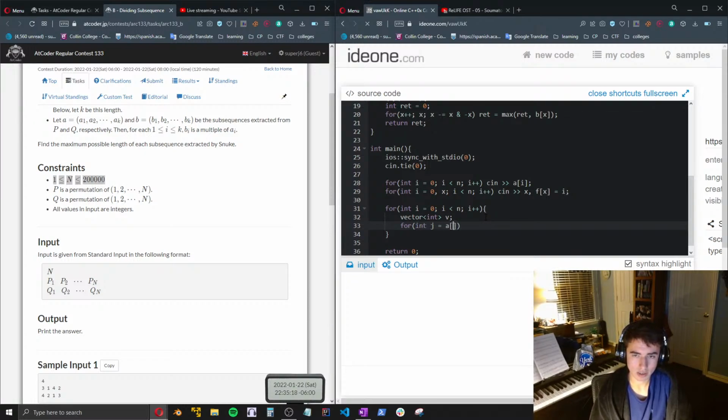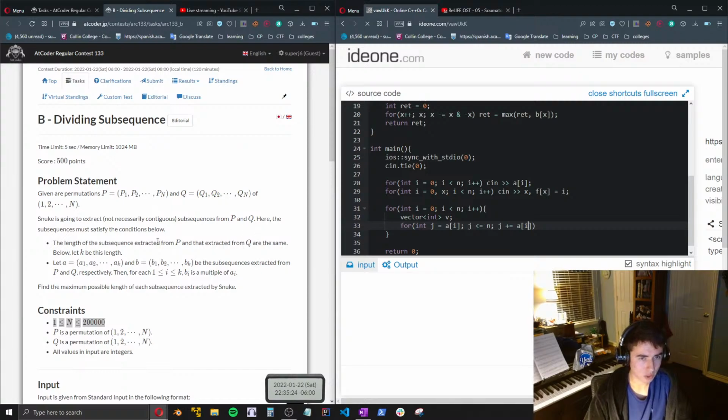For int j is a of i, n is a of i. Q has to be a multiple of P, right? We push back f of j. So we're iterating over the multiples of a of i, putting their positions in V, and we sort V in reverse order. This is how we're doing it from right to left.